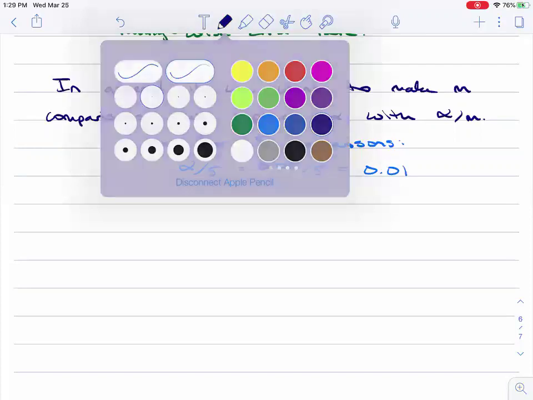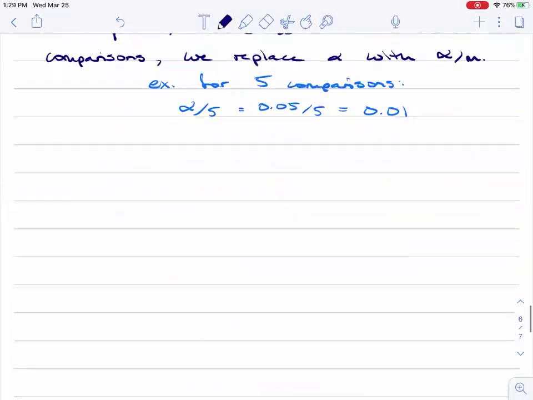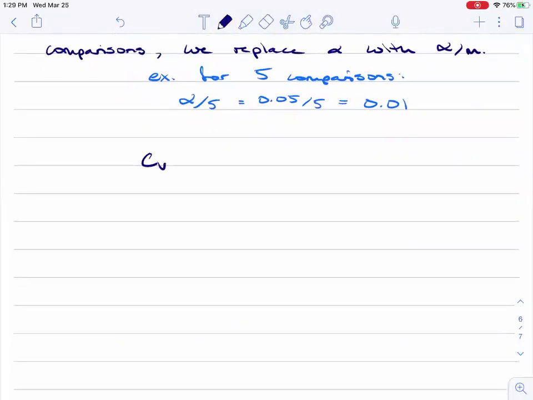The critical value is still going to be a T star, right?